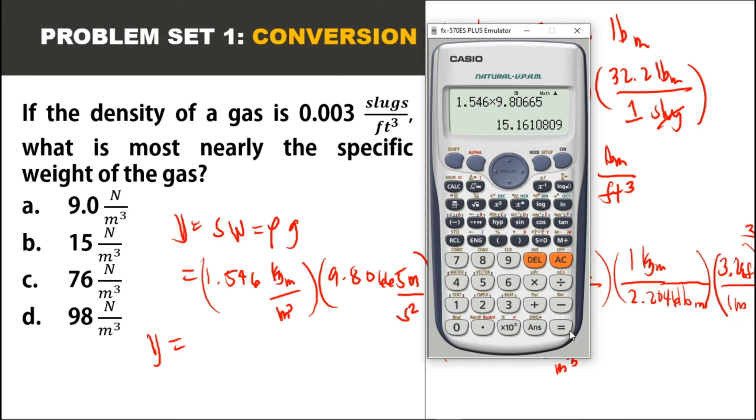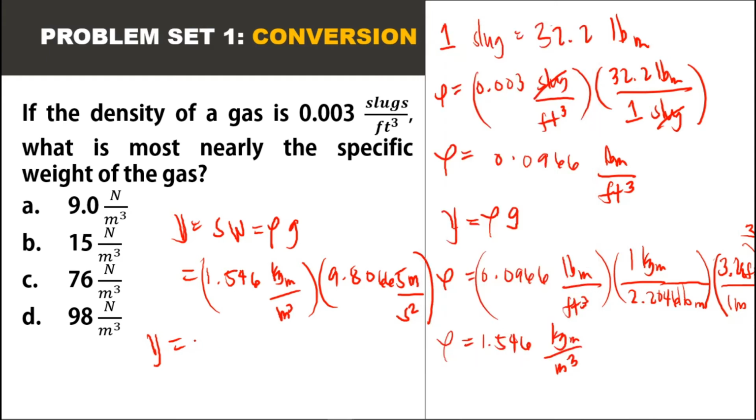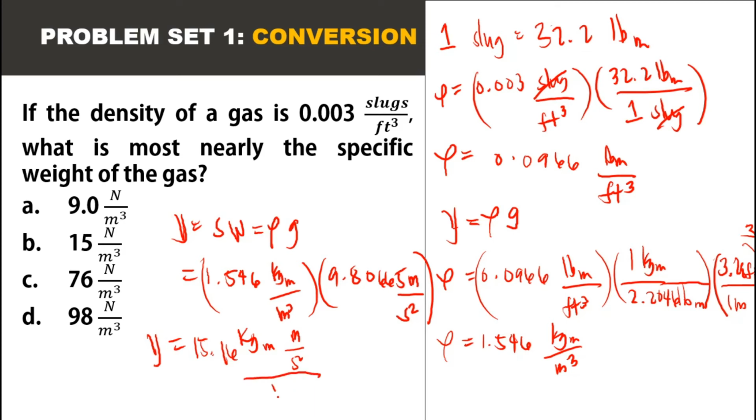This is 15.16. We have kilogram mass meter per second squared per cubic meter.